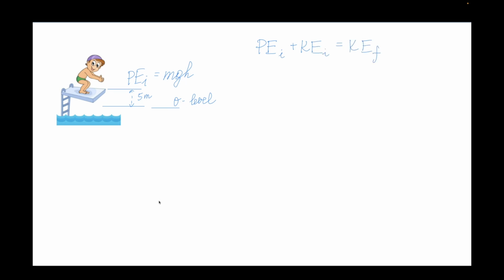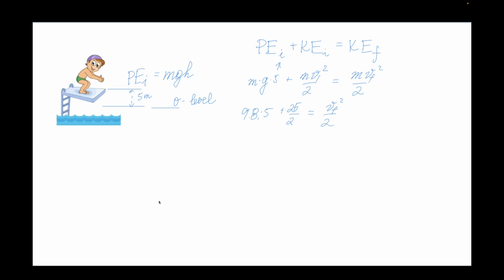The trick there is to remember that your potential energy initial is mg times 5, because that is how much higher your beginning is relative to the final position. And then you will do plus mv initial squared over 2 equals mv final squared over 2. 9.8 times 5 after we cancel masses, plus 25 over 2, equals v final squared over 2.